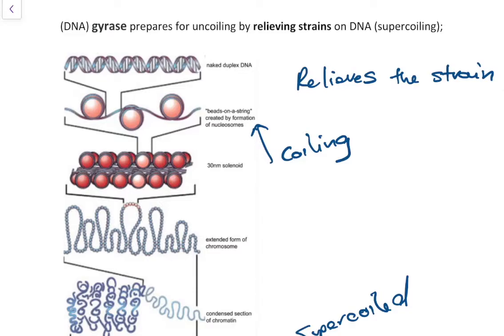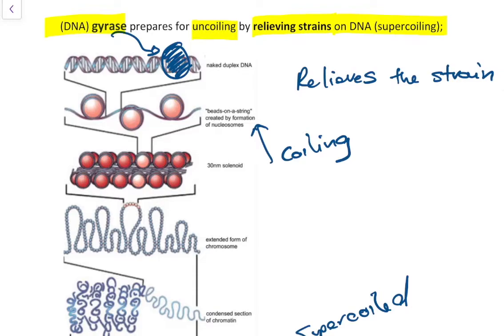So what happens is we get an enzyme which is going to come along and it will bind to the DNA, and that's DNA gyrase. It will bind and it will relieve the strain. So DNA gyrase prepares for the uncoiling that we're going to see, the separating into two strands, by relieving the strain on the DNA.